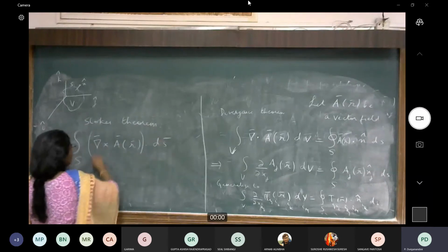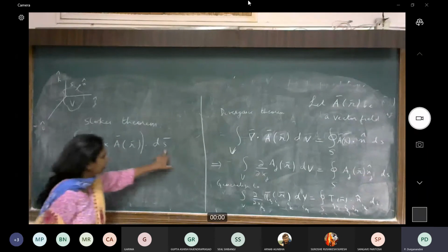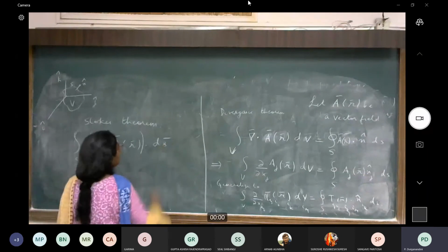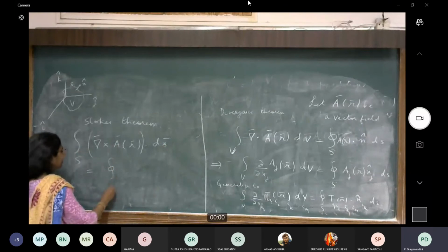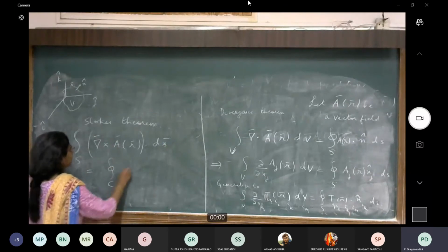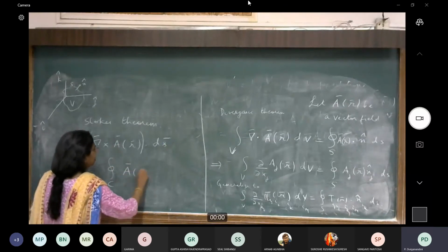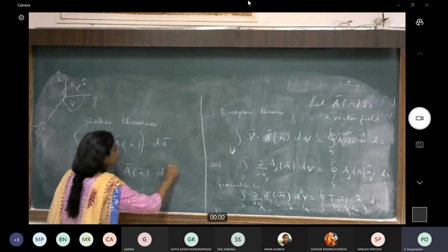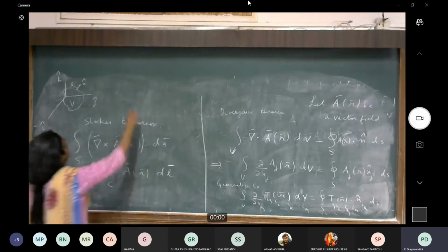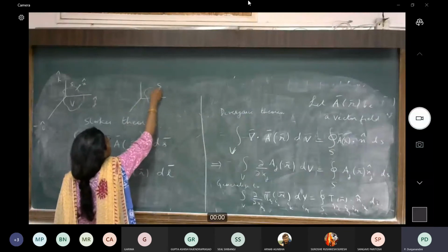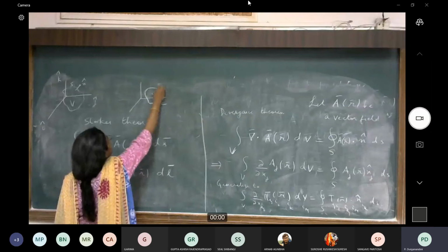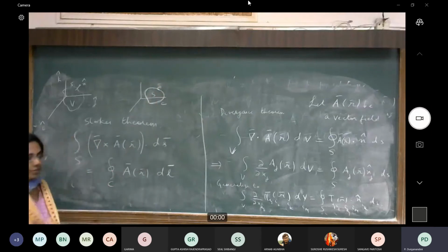Note that this is a cross product, so it's del cross A dot dS. This is a surface integral, and it should be equal to a closed line integral over C of A of r dr. So the picture is that you have some surface, and this is my C, which is enclosing that surface.